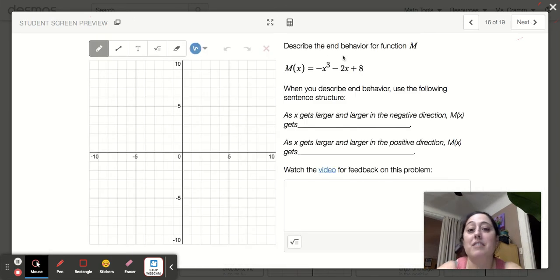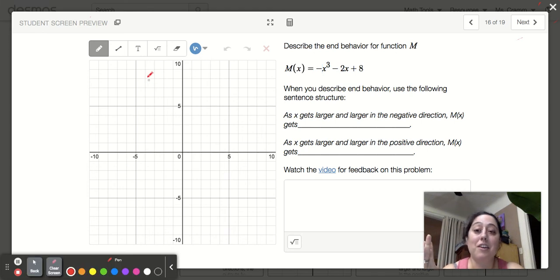So here's the end behavior. We're going to be talking about end behavior. The first thing you should notice is I've got an odd exponent and I've got a negative in front of the leading term. That should tell you I'm starting up here, and then at some point I'm going to go down here.